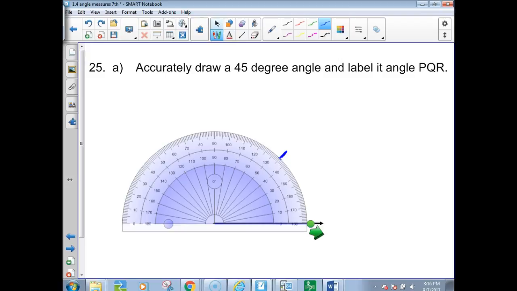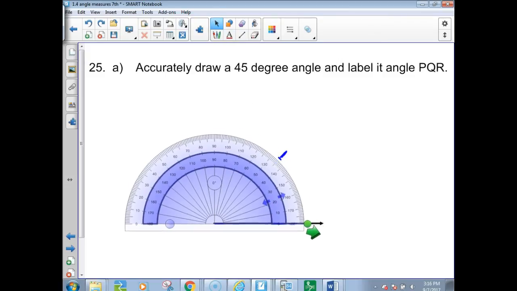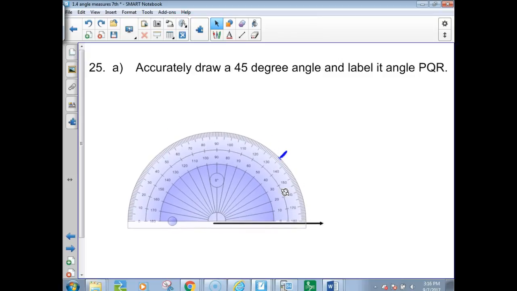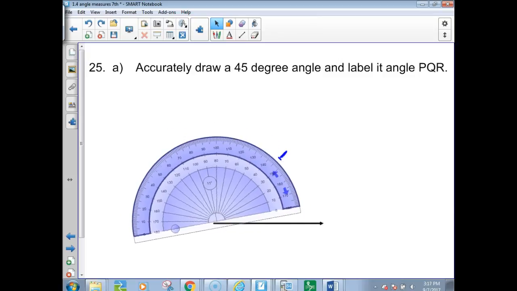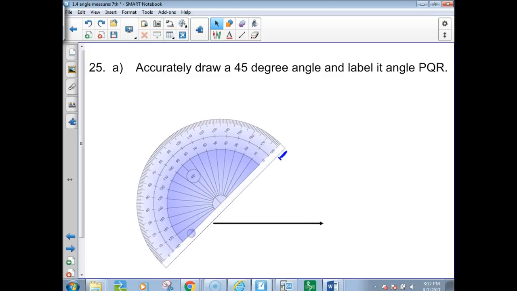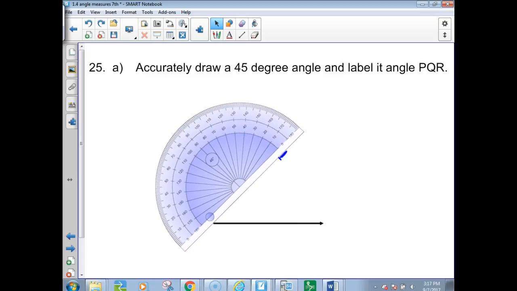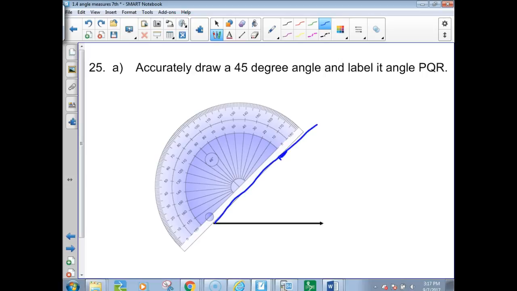Then I'm going to take the protractor and use it for a straight edge. I'm going to just connect it like that to that mark. And then I'm going to connect from the end point here through there. And if you use your straight edge, you guys will have a straighter line than I just did. Make arrows on the ends so you can see them.